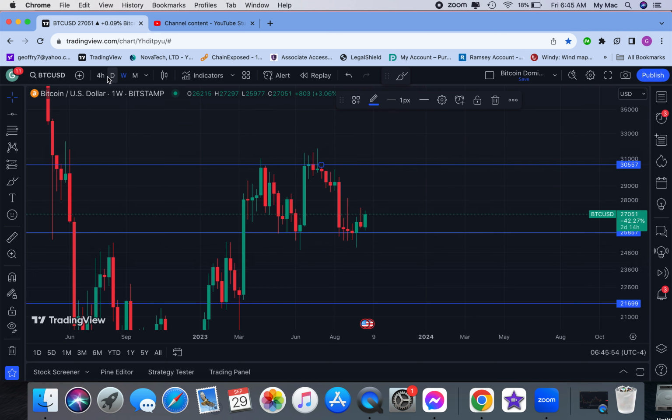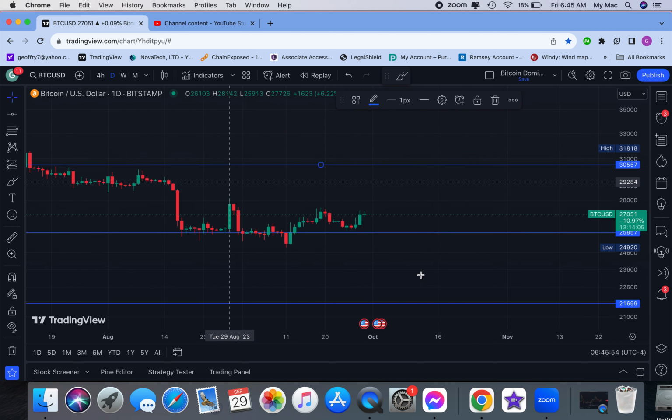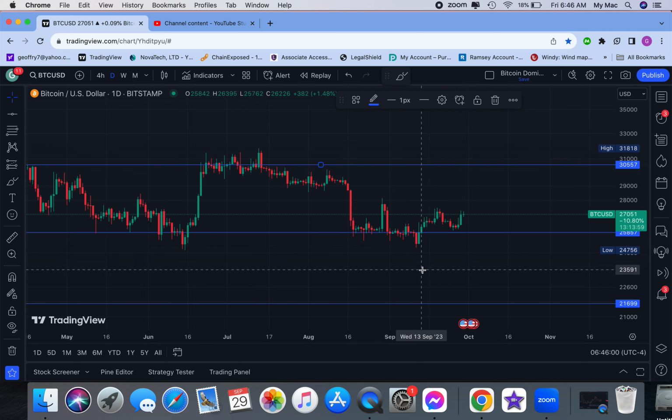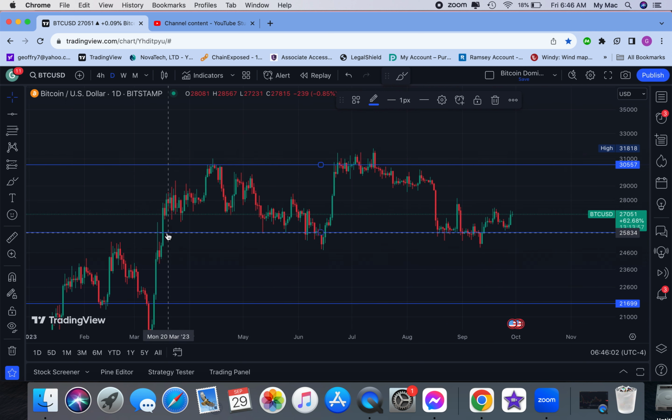And so here, let's look at the daily and see what we got. What you can see is since March of this year, when we broke into this zone, we've just been kind of trading in between.